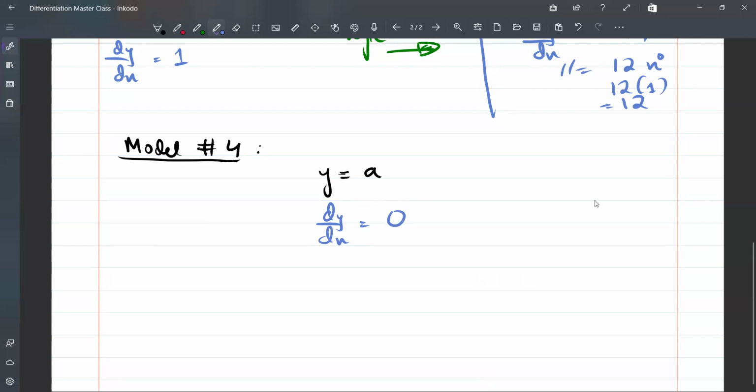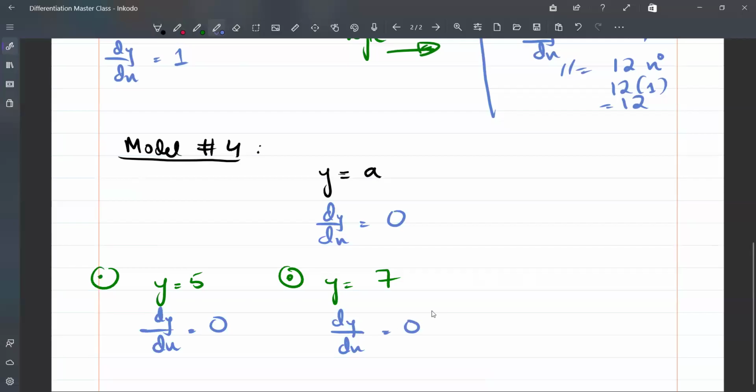Which means, let's say if we have y is equal to 5, dy over dx would be 0. Similarly, if we have y is equal to 7, whatever number, dy over dx would be 0, and so on and so forth.